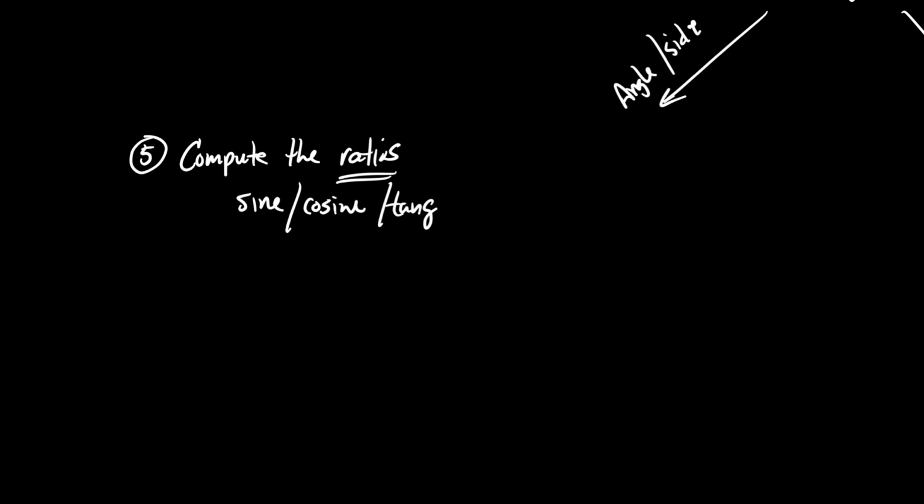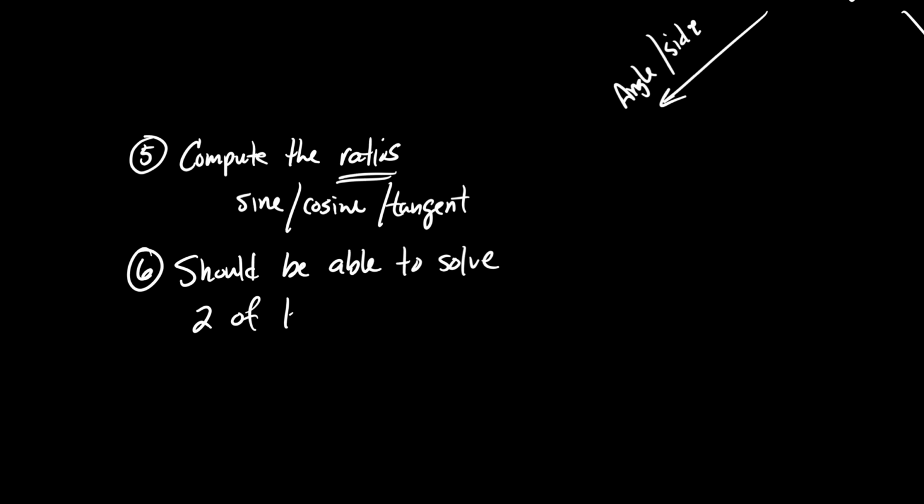You have an angle, so now you need to compute the ratios. Next step, pretty straightforward. You should have a couple of equations that can be solved for an unknown. You should be able to solve two of the functions for an unknown side.